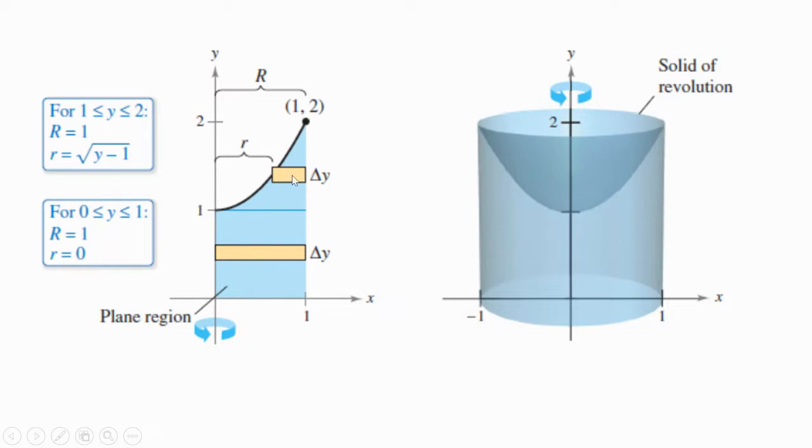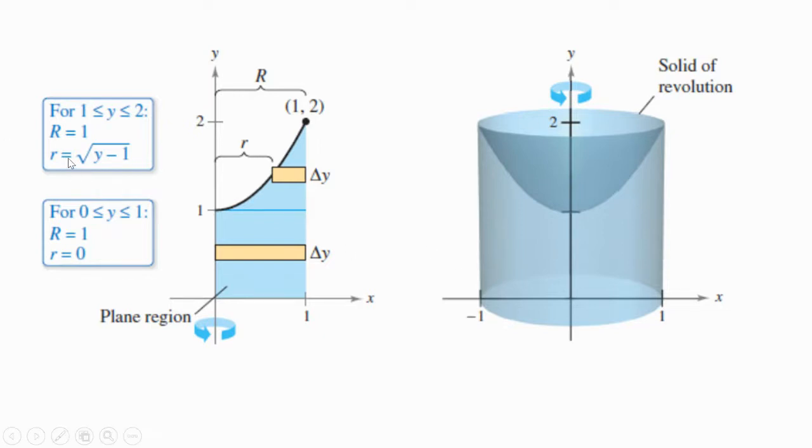But anyway, between y equals 1 and y equals 2, the function that's on the top is still x equals 1. But the function that's on the bottom is this one, which was y equals x squared plus 1. But I want this to be in terms of y. So you see y equals x squared plus 1. I have to solve that for x because I'm integrating dy.